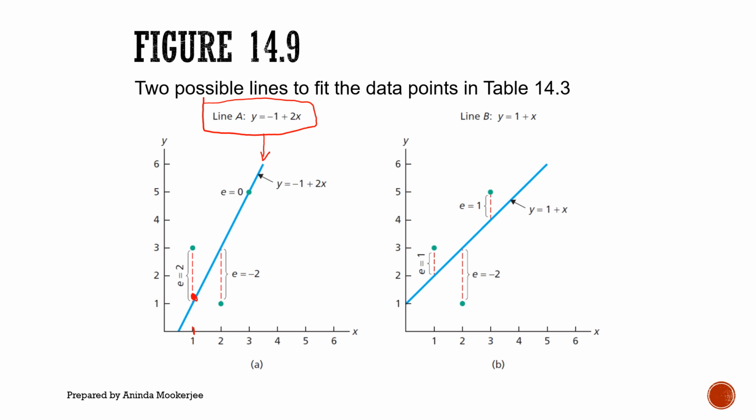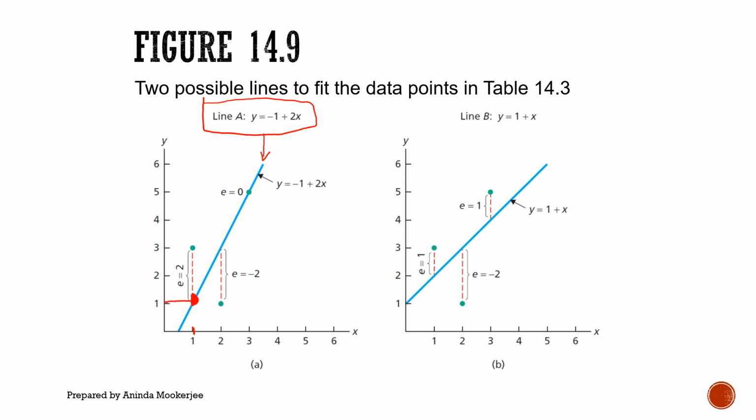So if we plug in a value of 1 for x into this equation, which is y equals -1 plus 2 times 1, we come up with -1 plus 2, which would give us a value of 1. That value would lie on the line.